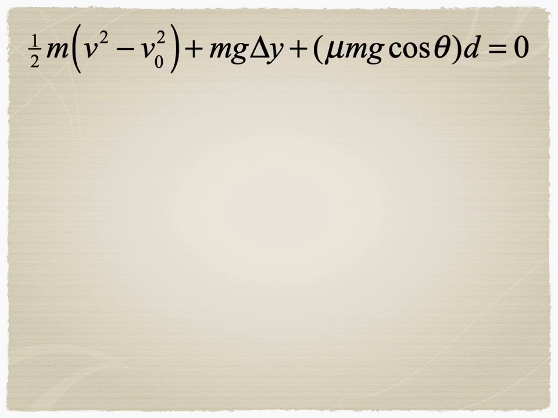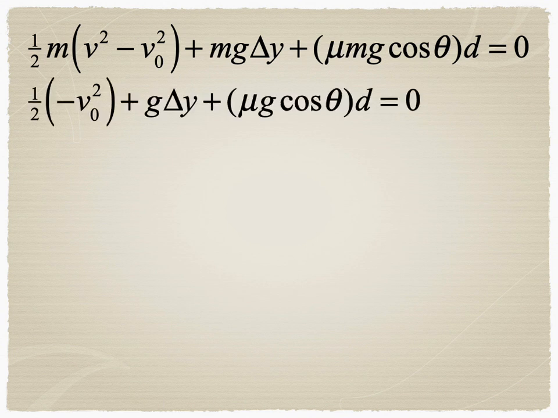Okay, so we'll continue on from this formula from the previous page. One thing is we can get rid of our v squared because we know our final velocity is going to be 0. We can also cancel out our m from every term. So that gives us 1/2 times negative v naught squared plus g change in y plus mu g cos theta times our distance.